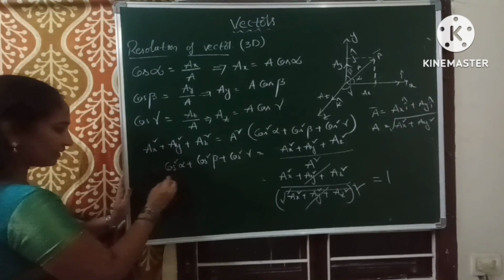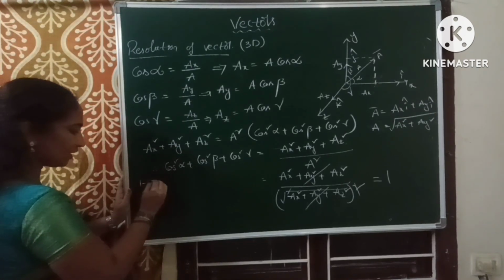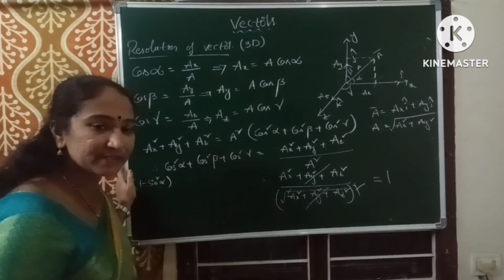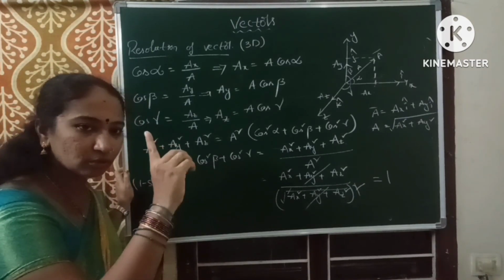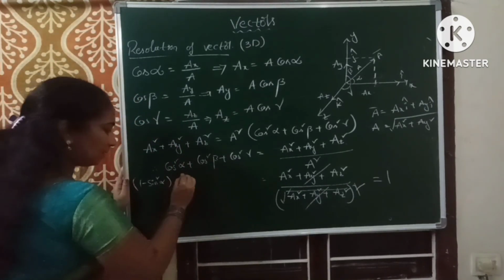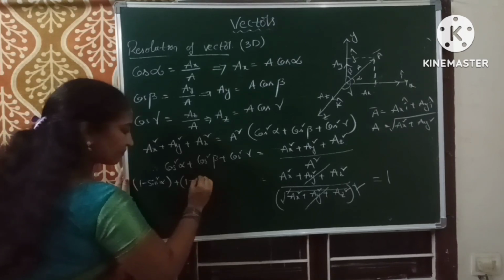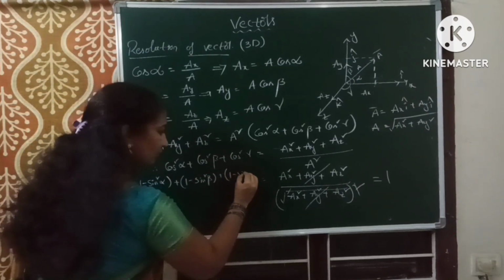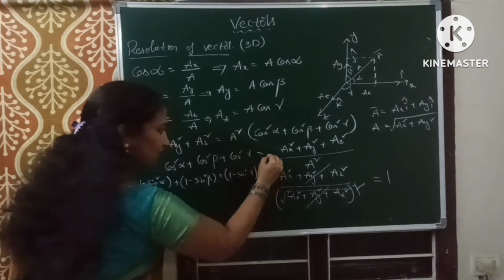From this, if you write cos square alpha as 1 minus sin square alpha, because sin square alpha plus cos square alpha is equal to 1. We learned this for theta; in place of theta we replaced alpha. Plus 1 minus sin square beta plus 1 minus sin square gamma is equal to 1.